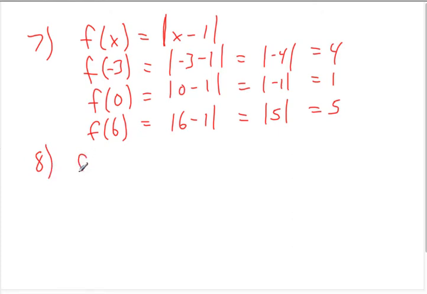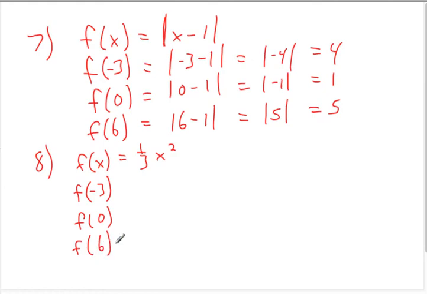We have f of x equals 1/3 x squared. So again, we're doing f of negative 3, f of 0, and f of 6. And so we have 1/3 times negative 3 squared, which is 1/3 times 9, which is 3.